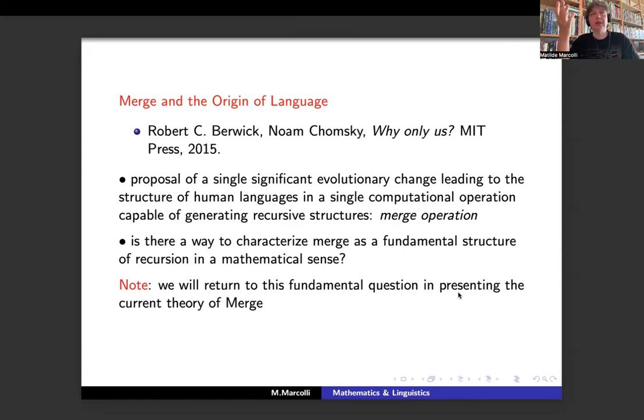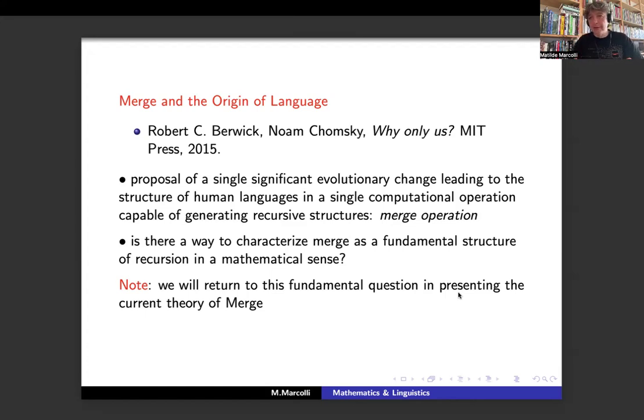Language, in evolutionary terms, is a fairly recent phenomenon that evolved quickly on an evolutionary scale. And so for something like that to happen, it shouldn't be the case that an enormous number of different things have to happen at the same time and fall into place into exactly the right type of structure.